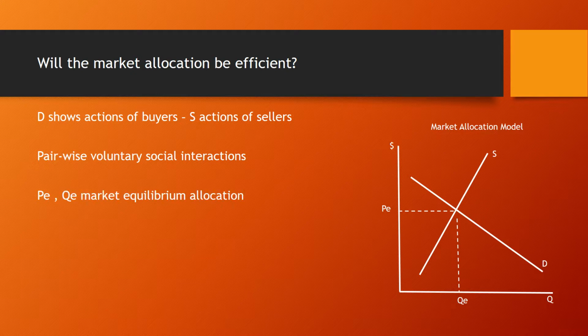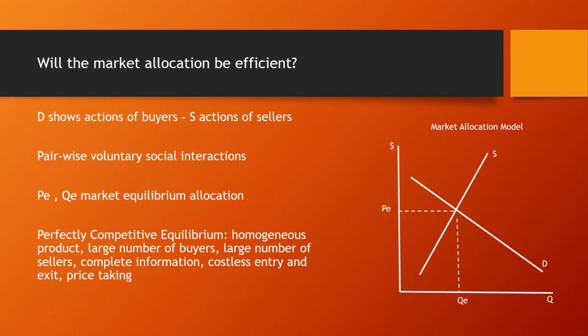Now, the market equilibrium allocation is shown by the intersection of the supply and the demand curve. It is shown by the market equilibrium price PE and the market equilibrium quantity QE. This equilibrium depicts the market allocation of resources.